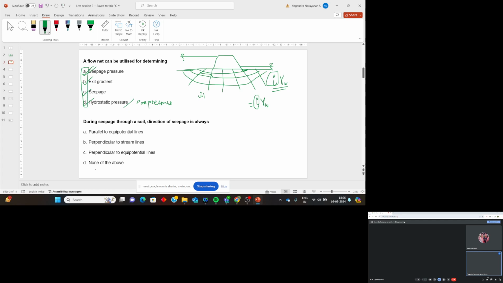Now you can answer this question: during seepage through a soil, the direction of seepage is always parallel to equipotential line, perpendicular to streamlines, perpendicular to equipotential line, or none of the above. Perpendicular to equipotential lines. Yes, it is always perpendicular to equipotential line.